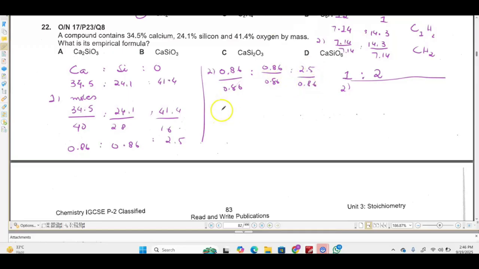The answers that we get are 1 is to 1 is to 3. So now for calcium it's 1, for silicon it's 1, and for oxygen it's 3. So this compound has an empirical formula of CaSiO3. So B is going to be our correct option.